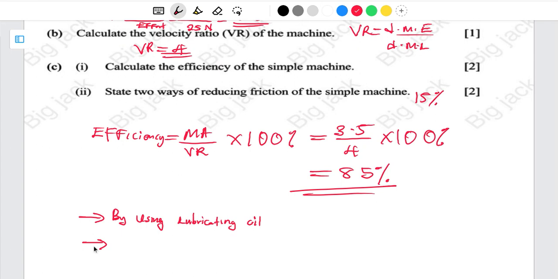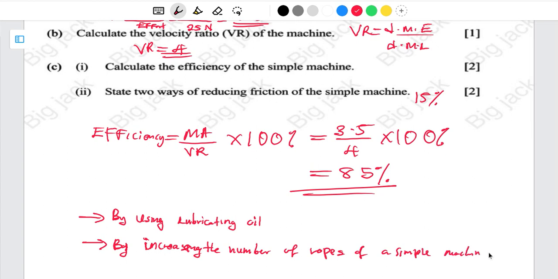In that way, you're going to find that there will be an increase in the turning effect of the direction of the force. So we can say by increasing the number of loops of a simple machine, in that way you're going to get everything.